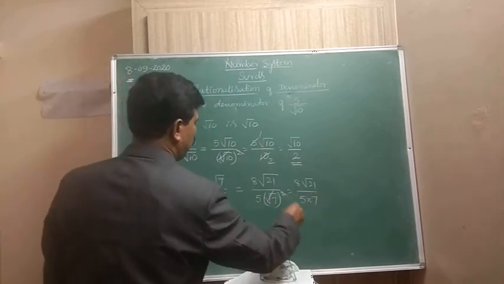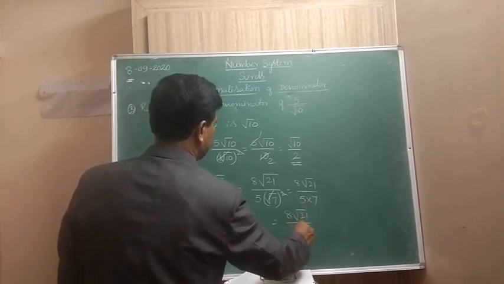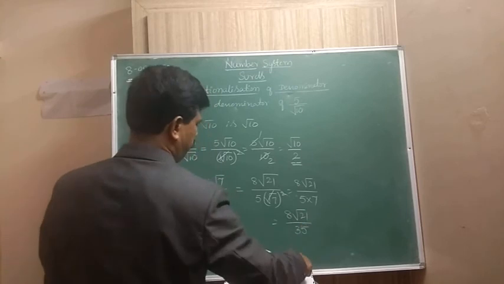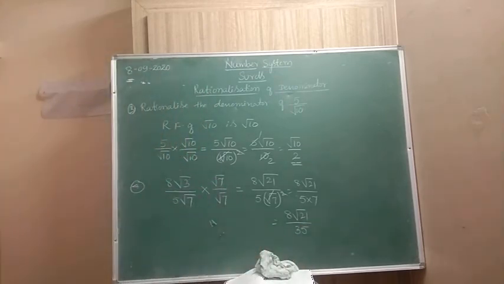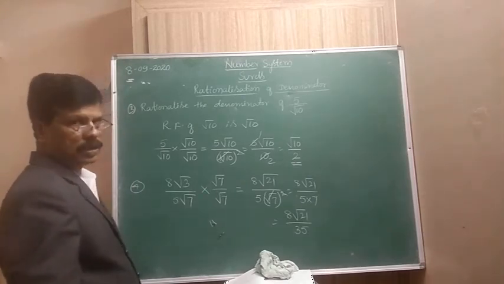So this is 8 root 21 by 35, 7 fives are 35. Clear? See that? So before you do the rationalization, first you should write down the RF of the given denominator. Clear?